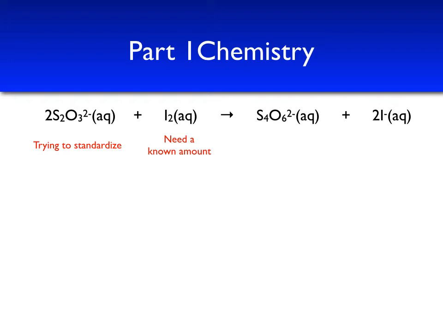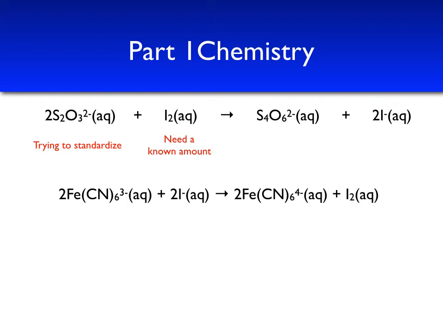So we couple this reaction with another redox reaction, the reaction between potassium ferricyanide and I- to form potassium ferrocyanide and I2 in solution. Now, it's pretty easy to weigh potassium ferricyanide. It's not hygroscopic and is easy to weigh out.